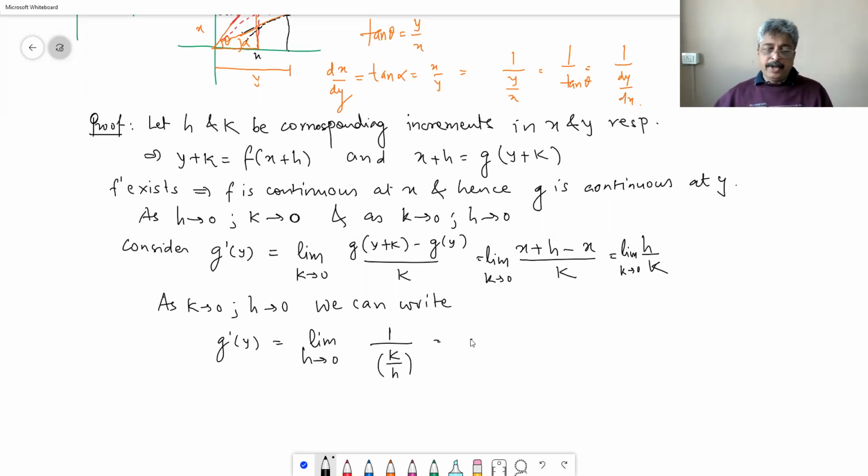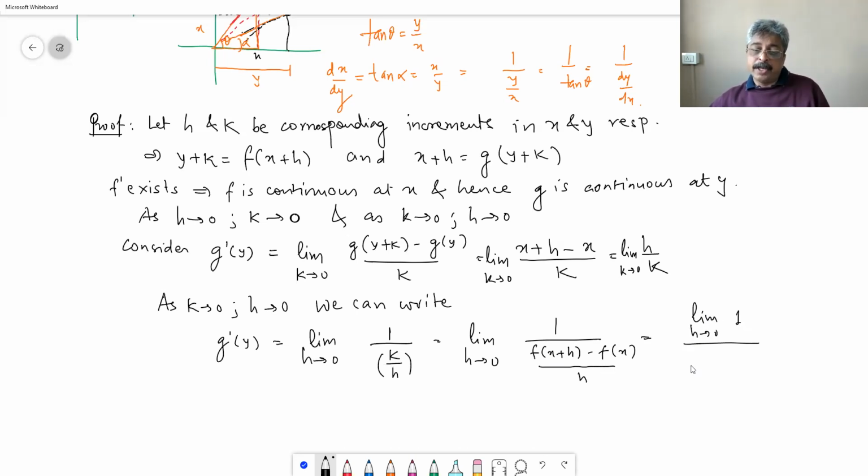Which is equal to limit h tending to 0, 1 upon k, which can be written as f of x plus h minus f of x, that is your k, divided by h, which is equal to limit h tends to 0, 1 divided by limit of f of x plus h minus f of x upon h as h tends to 0. This is equal to 1 upon f dash of x.